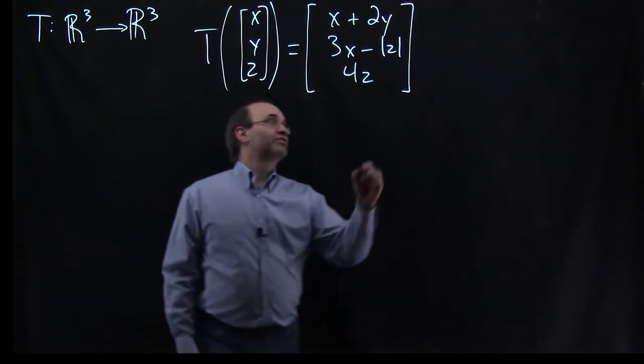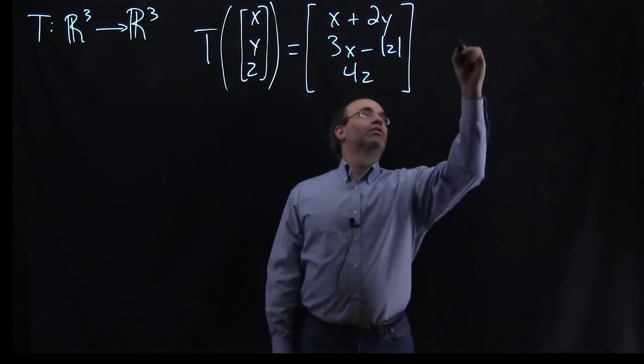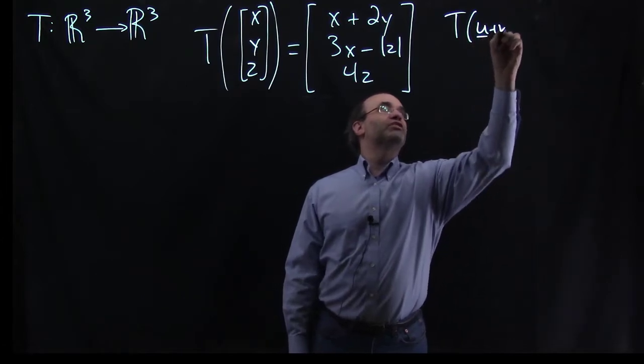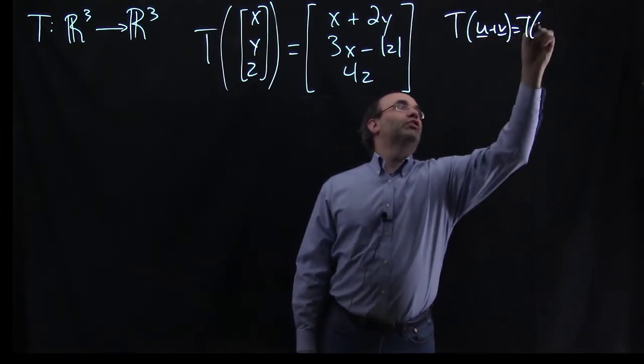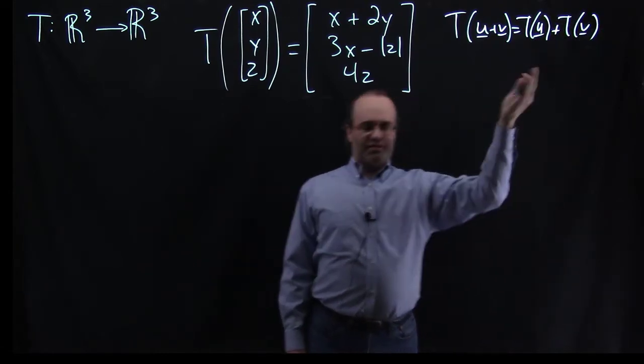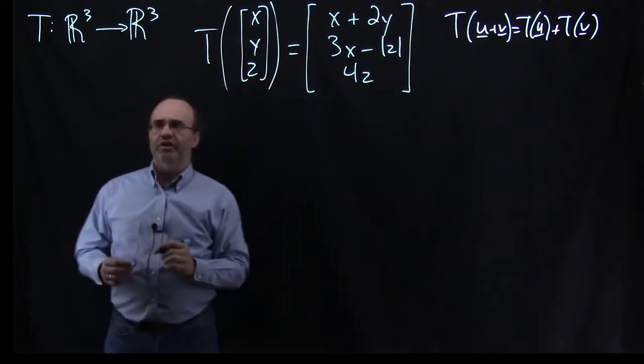So the condition we want to satisfy, right? There was the first condition that we had previously: T of u plus v equals T of u plus T of v. All right, so we need to make some good choices for u and v.